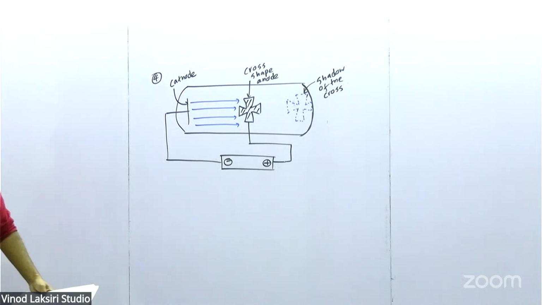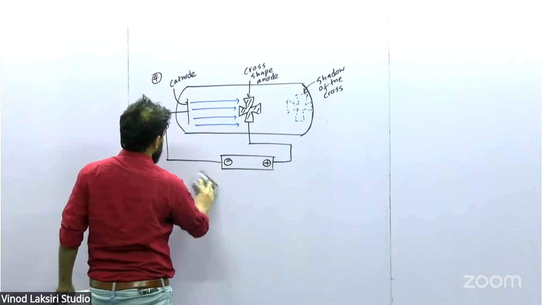They travel in a straight line, right? So those are the properties of cathode rays.